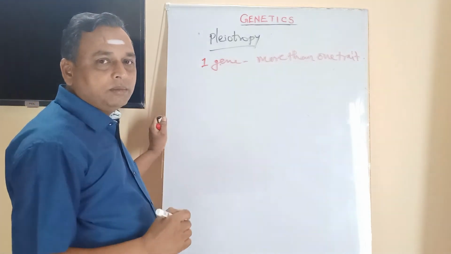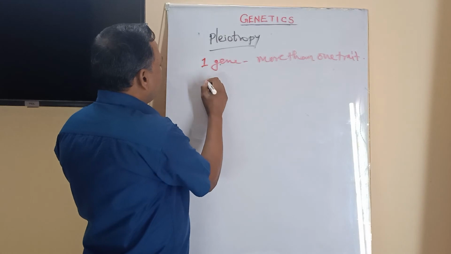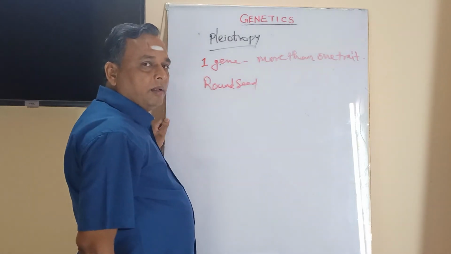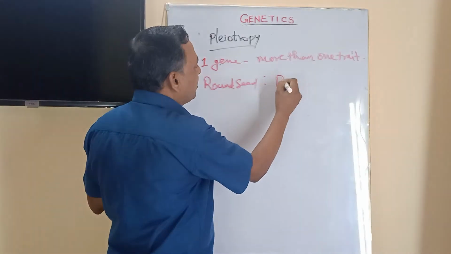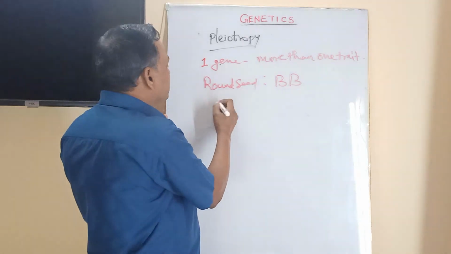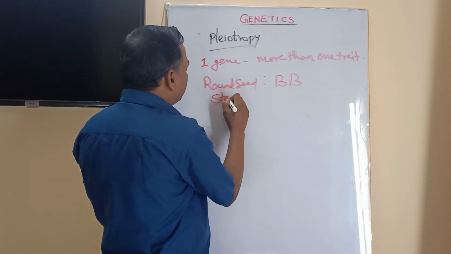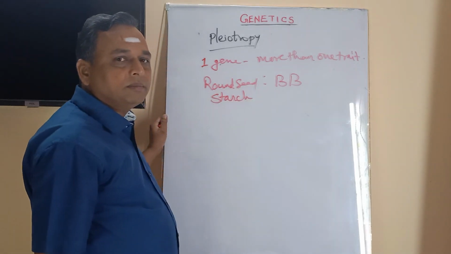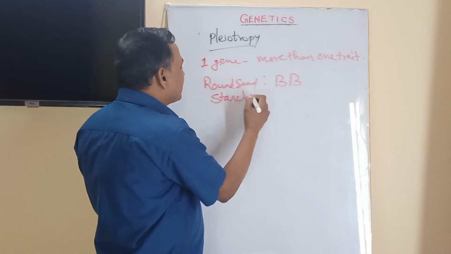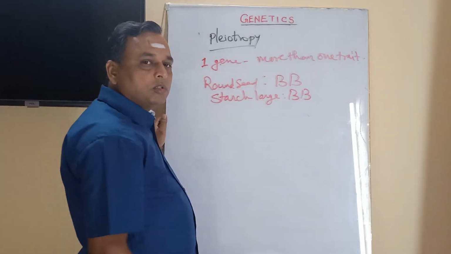More than one trait. So that is called pleiotropy. Gene is only one. For example, round seed, denoted with capital B, is also meant for starch grain production. Starch grain of larger size, the same capital B controls.